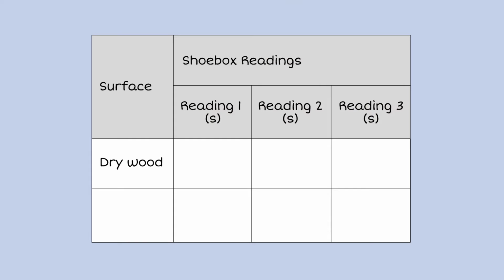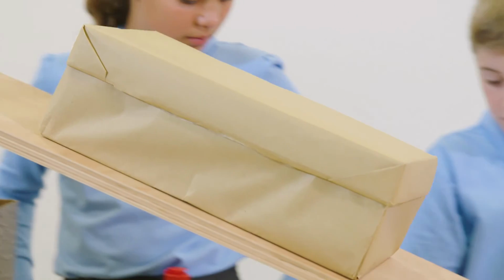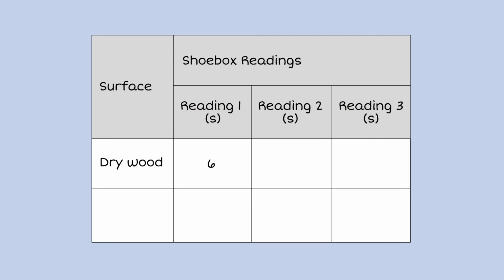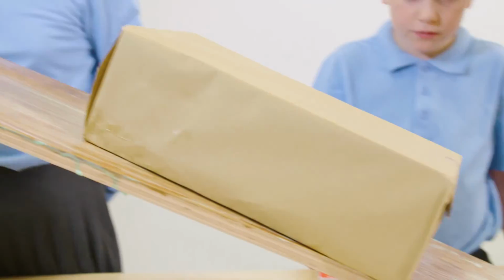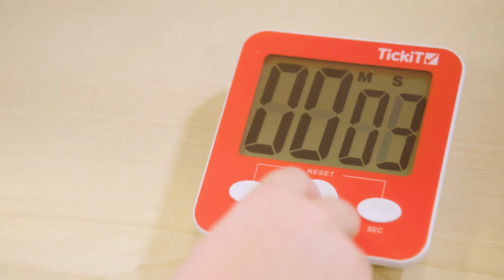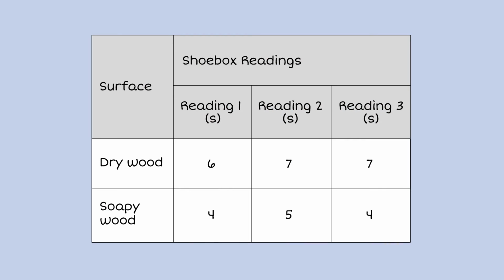Our investigators add the measurement to the table. Our investigators need to repeat the measurement 2 more times. Now let's do the same on the soapy surface. Our investigators add the measurement to the table.